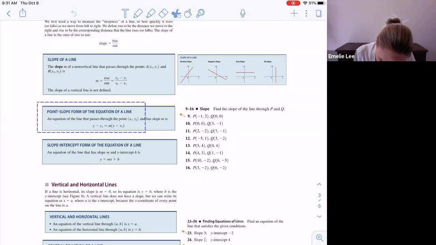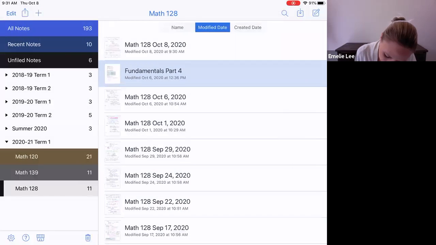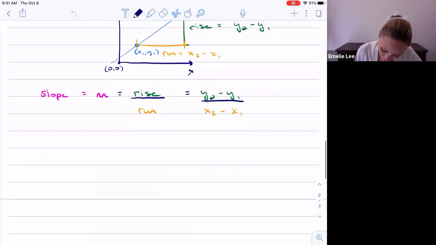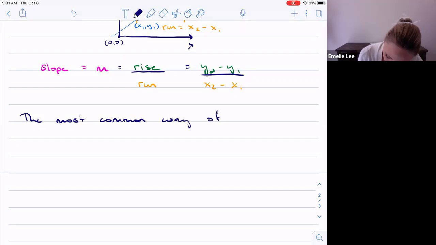And so we'll talk about maybe the slope-intercept form of a line.